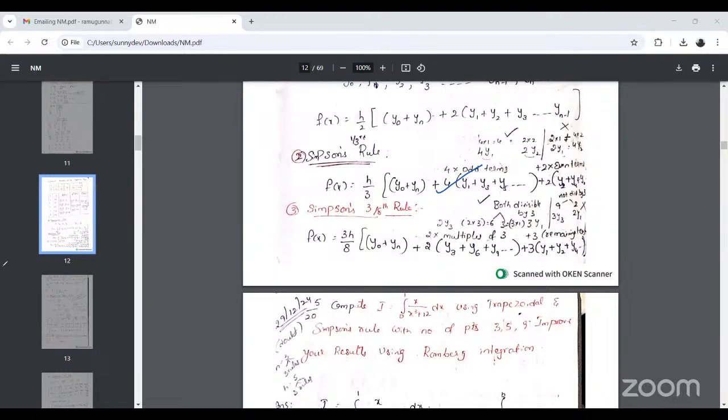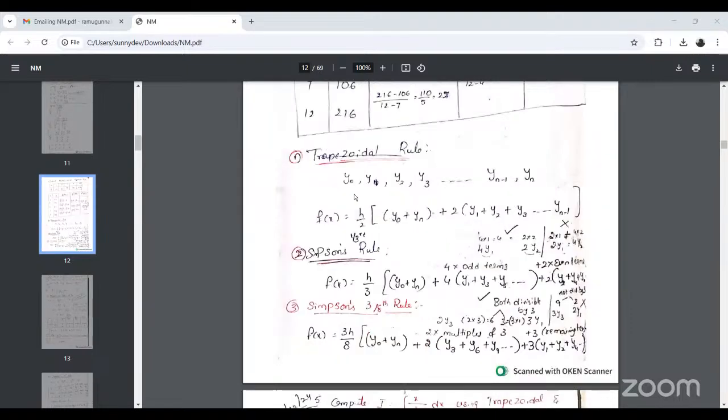You should remember these formulas: the trapezoidal rule, Simpson's 1/3 rule and Simpson's 3/8 rule.